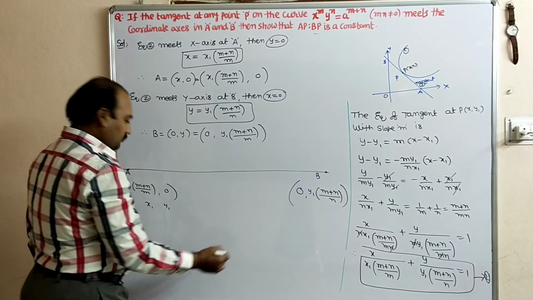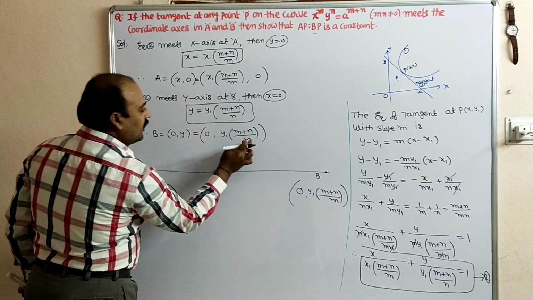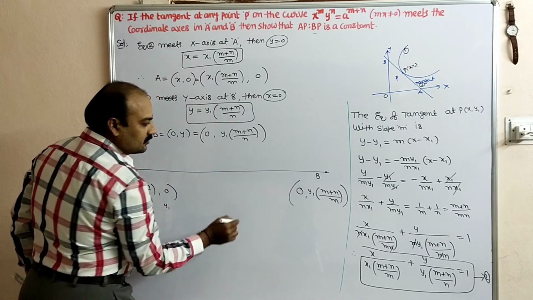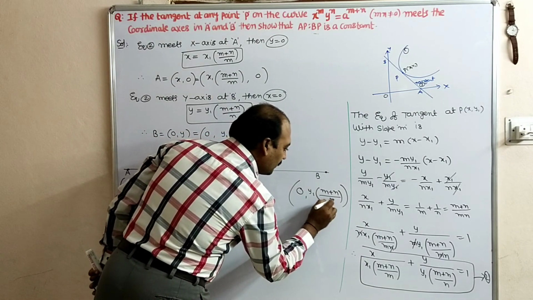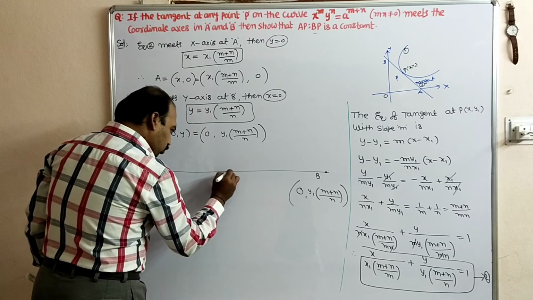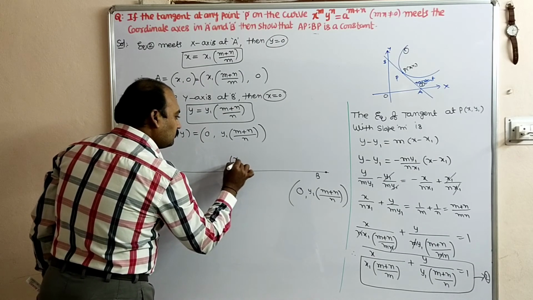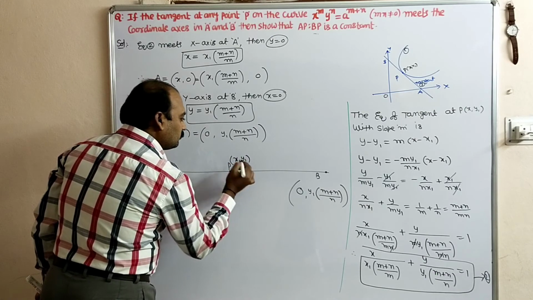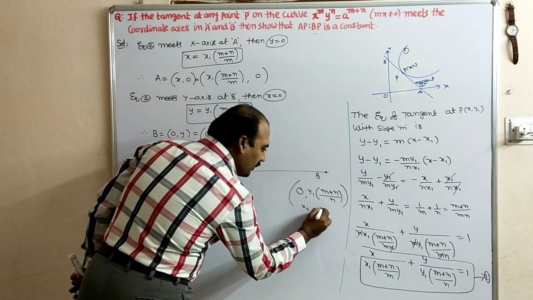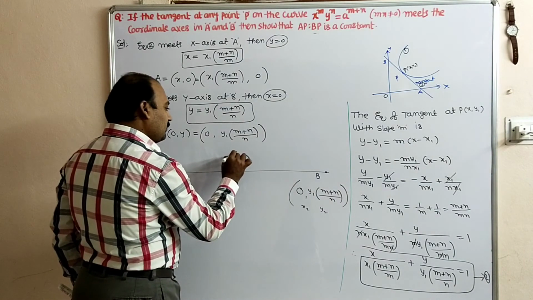So here it is M, here N, and some point here is x2, y2. Generally it is x comma y.